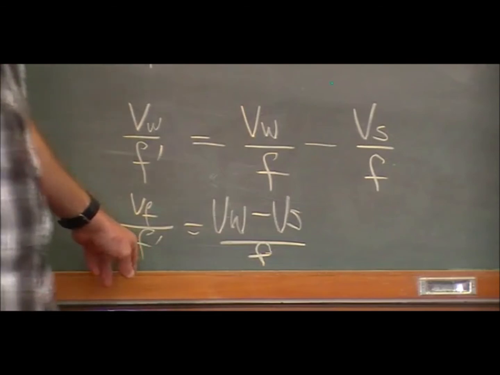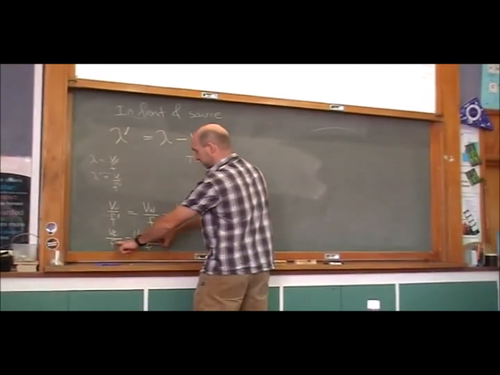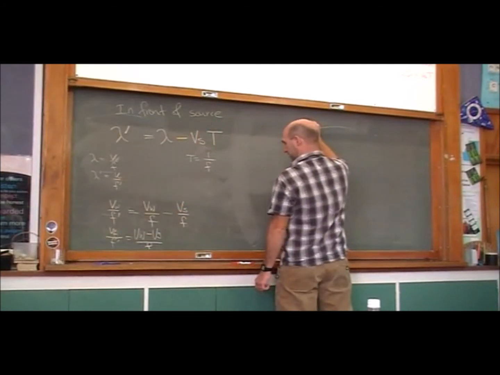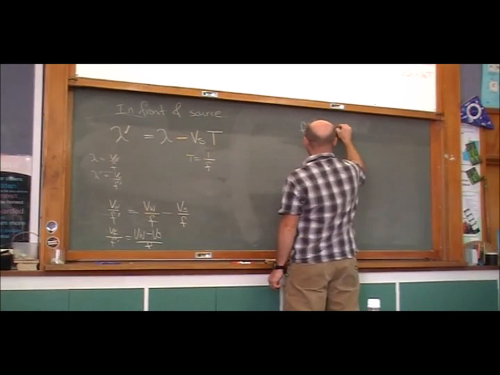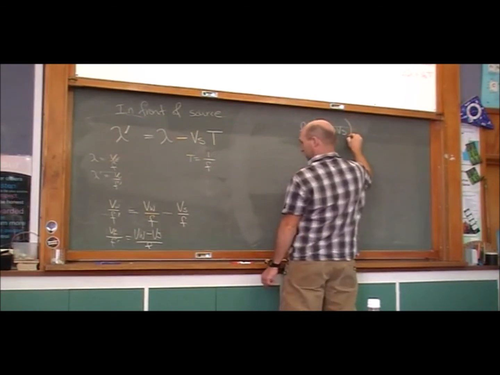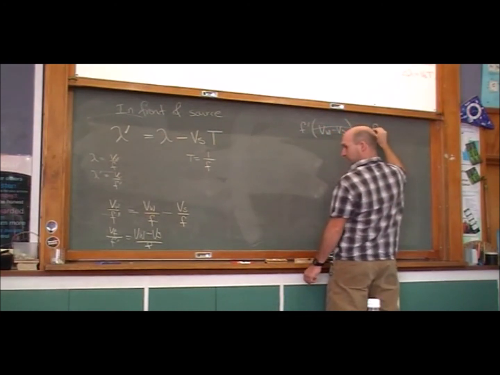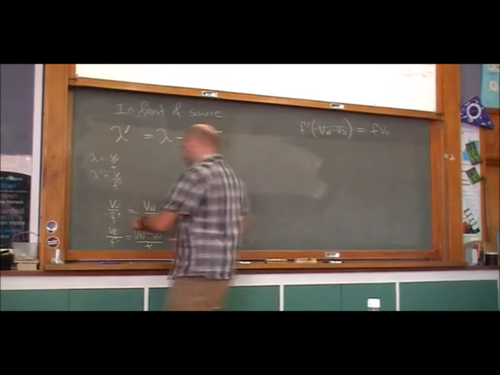We'd like to get the f prime up the top, so we're just going to multiply the two f's across up to the top line. So we're going to have f prime times Vw minus Vs equals f Vw.